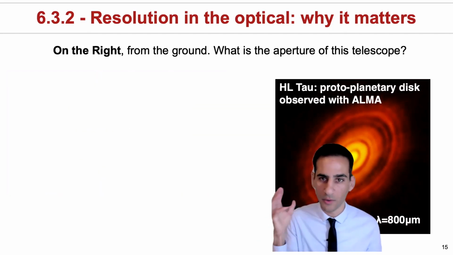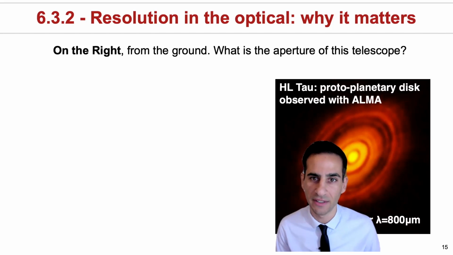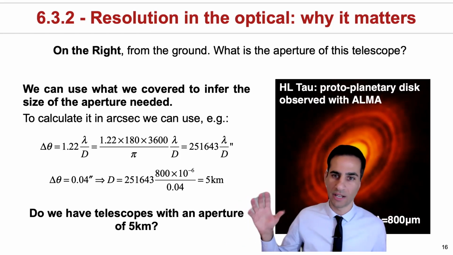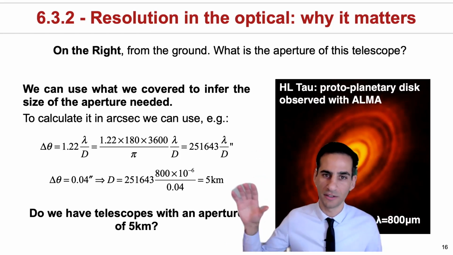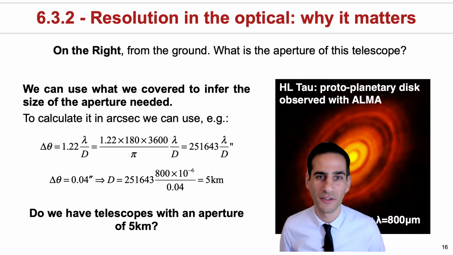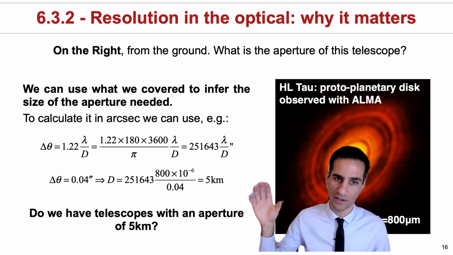And you think, wow, I want to work with ALMA. And then you Google ALMA and you realize that there's no such telescope with a 5 kilometer diameter. I also have the calculations here in a cleaner way, and not handwritten. If you do these calculations, you get a value of 5 kilometers.